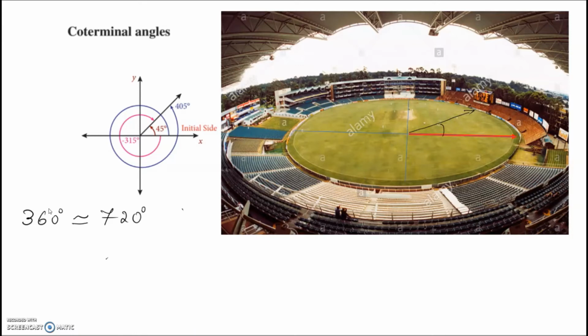We can define this as follows: if it's 405 degrees, then you subtract 360 degrees, and you get 45 degrees further. So from the 360, this is a further 45 degrees.